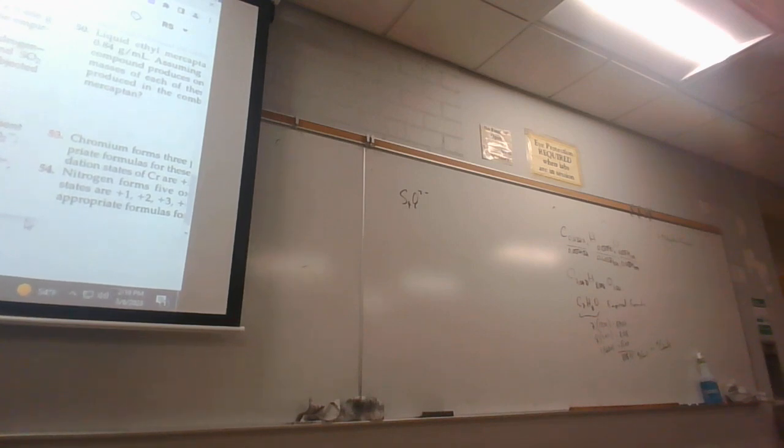That's number one. All the alkali metals get +1. And then goes hydrogen. Hydrogen gets +1. And then pretty much fluorine gets, oxygen gets, and nitrogen gets -3. That's the rules.